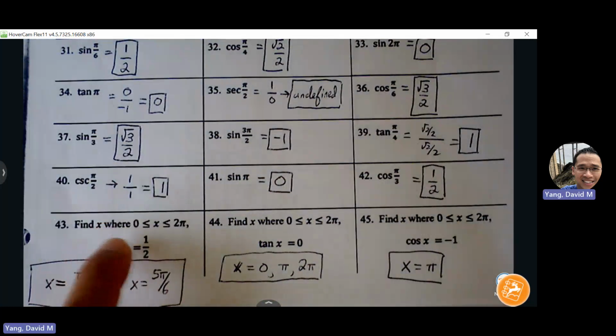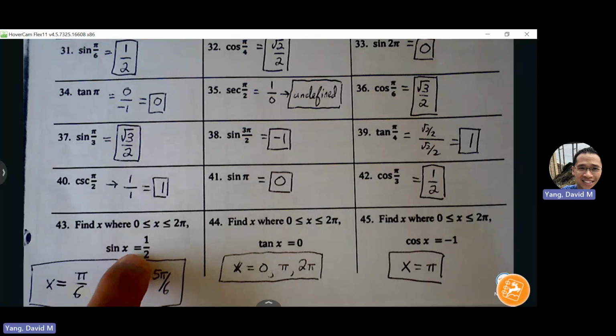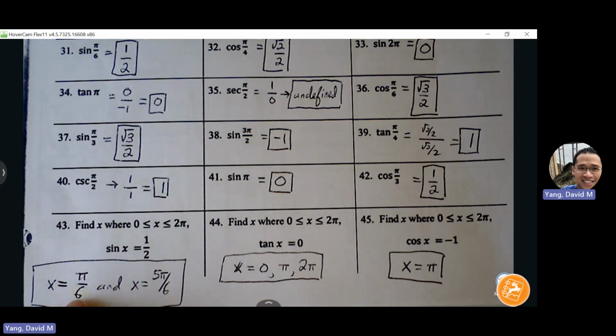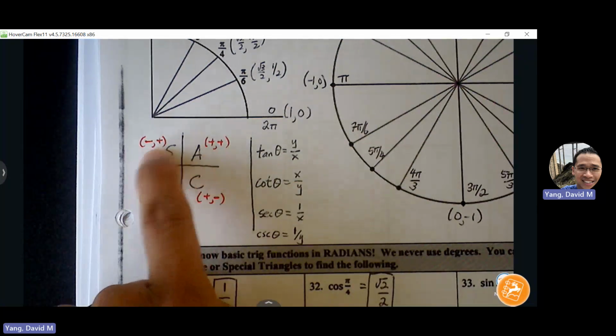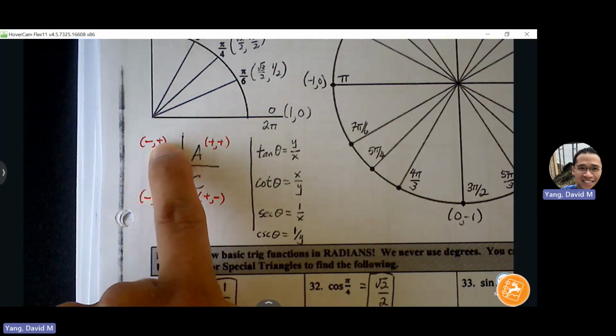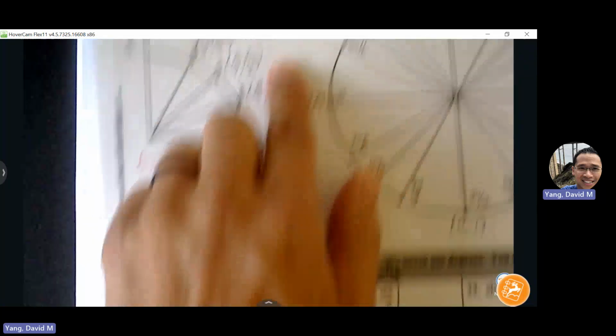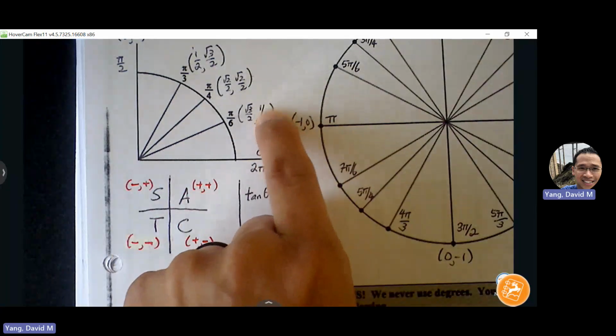For 43, for instance, sine is equal to 1/2. In the first quadrant, that is pi over 6, in that pi over 6 family. I also know that sine is positive in the second quadrant. See that S there. Also in my ordered pair, my y value is positive in the second quadrant, so I'm also getting a positive 1/2 there.